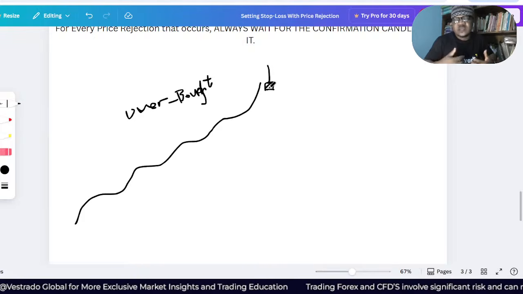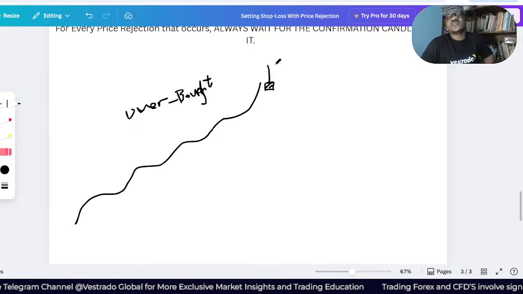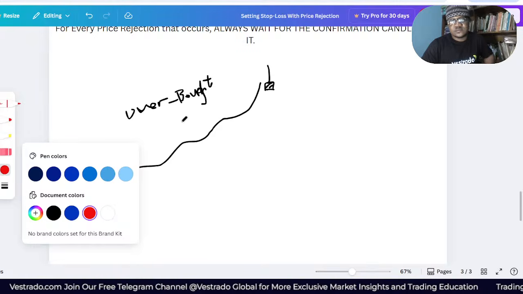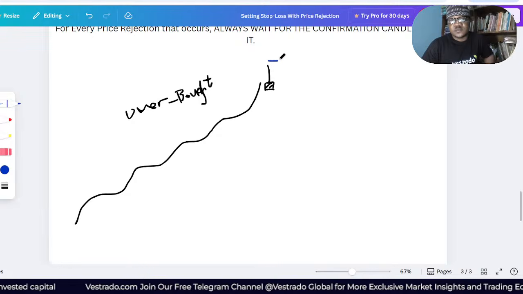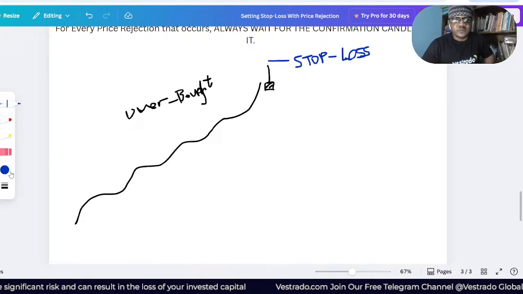No, this is not for me. Some old traders, perhaps veteran traders or intermediate level traders, might set their stop loss right around here, maybe a few pips above this. This will be wrong, ladies and gentlemen.